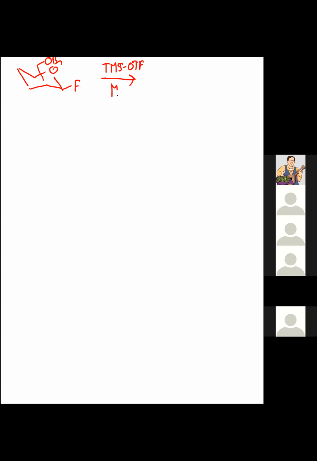And carbon plus is bad. Except we know that silicon plus freaking loves fluorine. There's nothing silicon likes more than fluorine. Silicon-fluorine bonds are really strong. So unlike the BF3 where we're kind of doing an SN2 kind of thing, this is going to go all SN1.